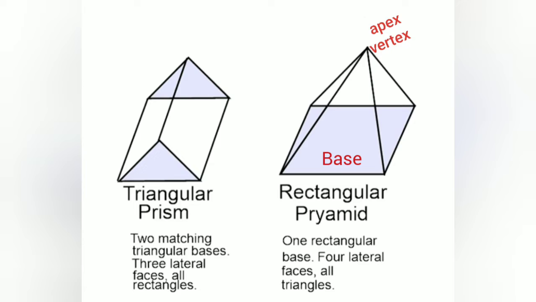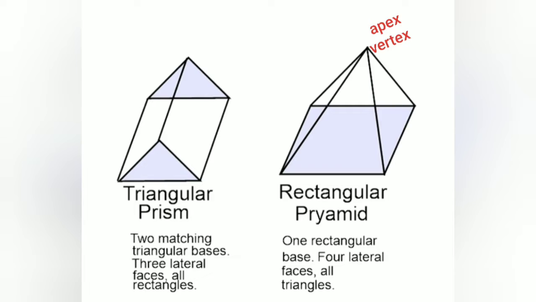So the prism looks like what we already talked about. The bottom base and the top base are the same. But the pyramid only has 1 base at the bottom, and then as you get to the top of the shape, it has what we call the apex, which is just a vertex. It's a point where the lines meet. But you can see the difference between the two. They're different.